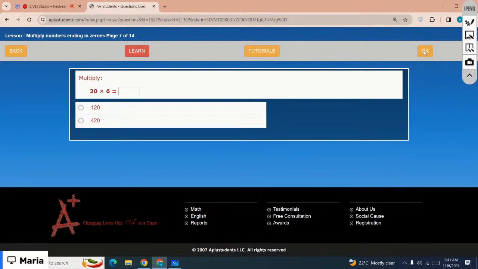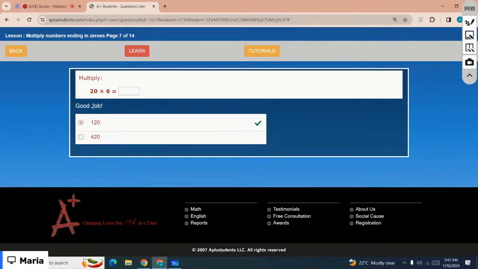The next one is 20 times 6. Which is the correct option? Very good. The correct option is 120.